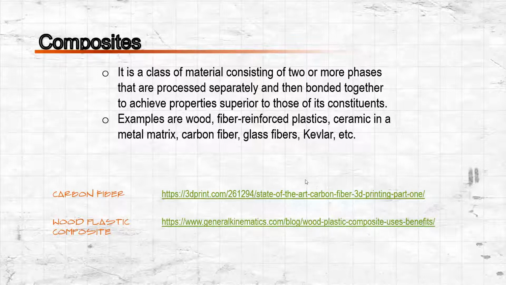Composites, as I've said, are a class of material consisting of two or more phases that are processed separately and then bonded together to achieve properties superior to its constituents. Let's check an example. By the way, a natural example of a composite is wood.